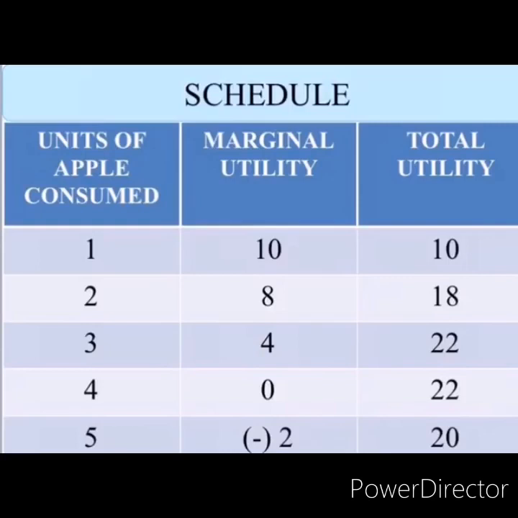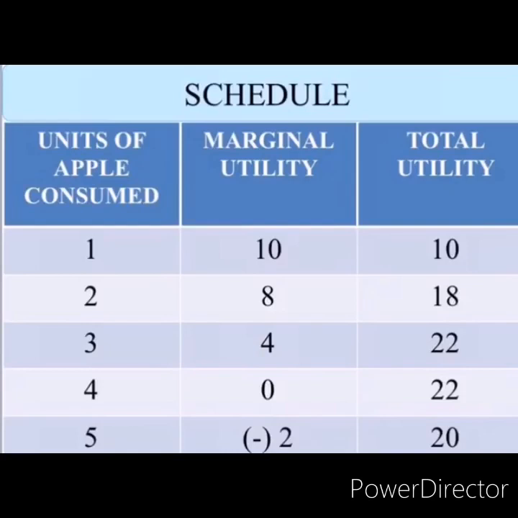And as more and more goods we are consuming, the marginal utility keeps on decreasing. This is the law of diminishing marginal utility. That means as more and more goods we consume, with every successive unit, the additional utility which we get starts decreasing.